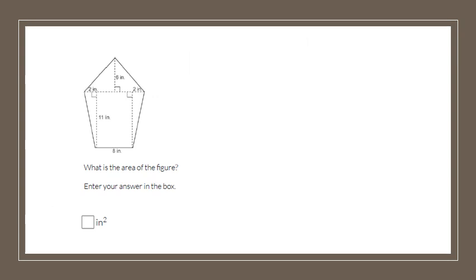Okay, what is the area of this figure? So I'm going to start up here on top. Okay, and I've got my area equals 1/2 times the base times the height.